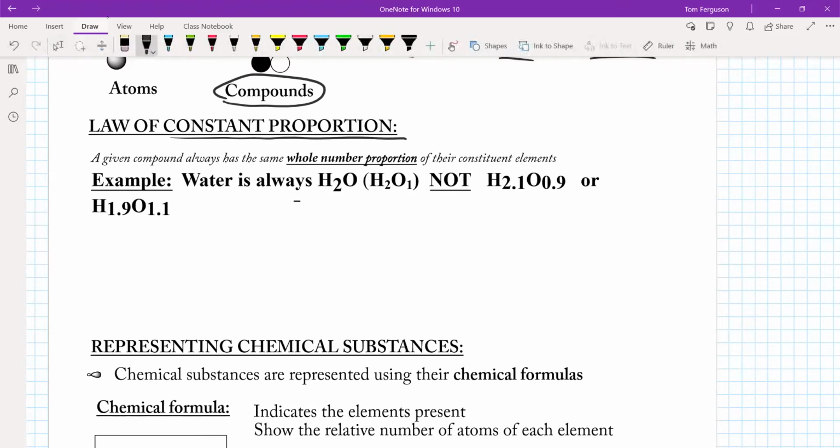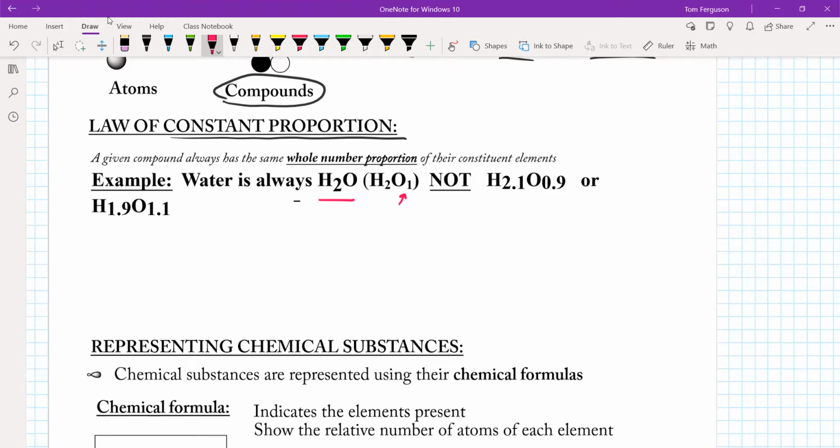Okay, and what I mean by that is the ratio of the atoms within the compound are whole number proportions. For example, water, you always see is H2O. Now the 1 is optional. 99% of the time, if not more, we leave the 1 off.